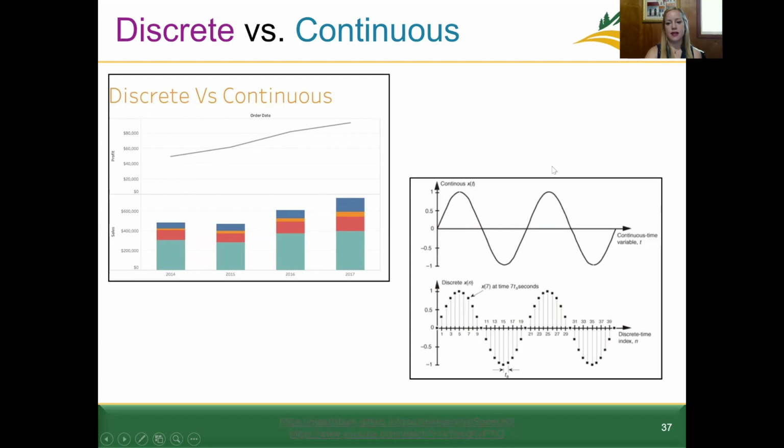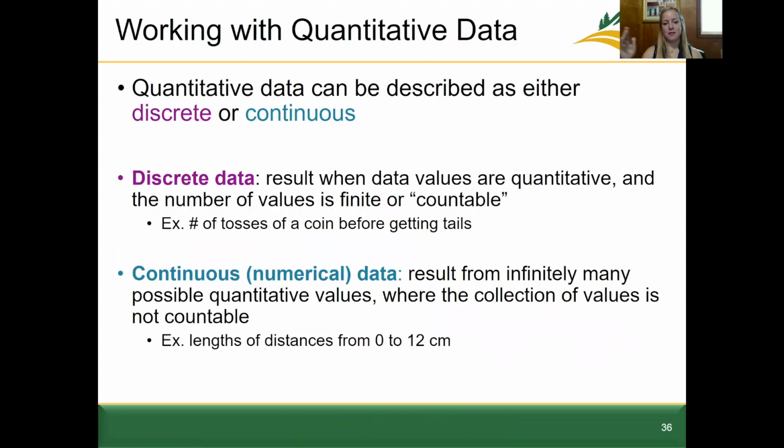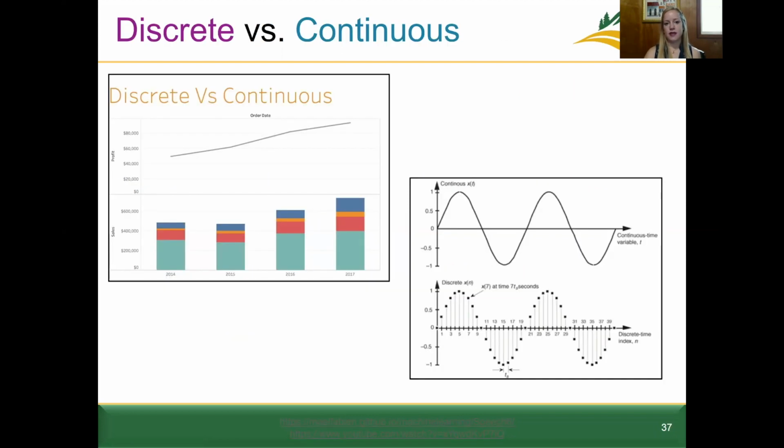And on the second graph represented here, top is an example of our continuous data, and here we have an example of discrete data. So continuous, resulting from infinitely many quantitative values where the collection is not countable, versus discrete, where we can count each of those values. Again, these are different examples.